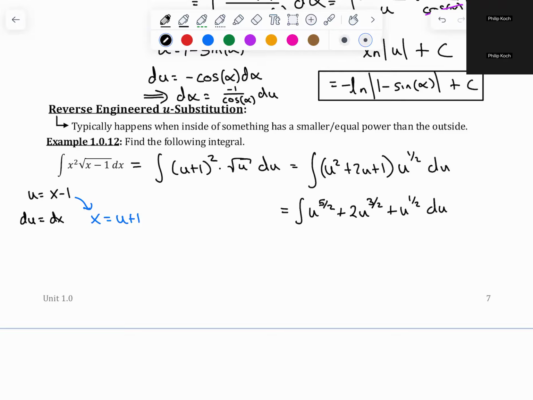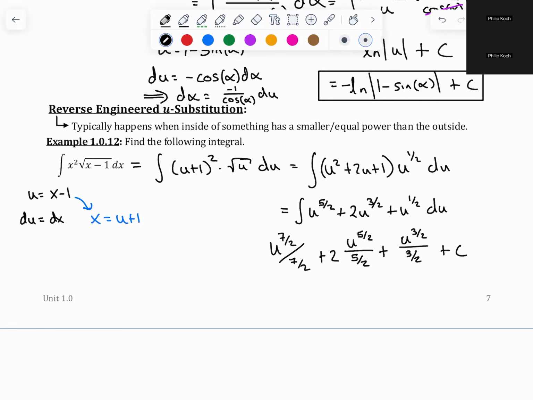At which point we can integrate and do the power rule a bunch. Got u to the 7/2 over 7/2 plus 2u to the 5/2 over 5/2 plus u to the 3/2 over 3/2 plus a constant c.